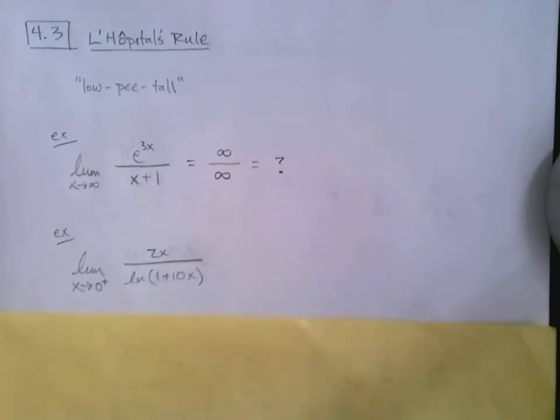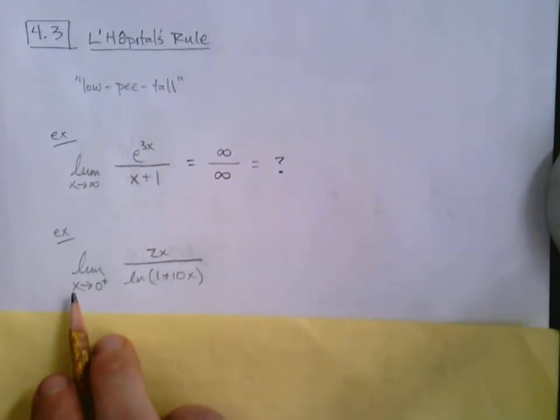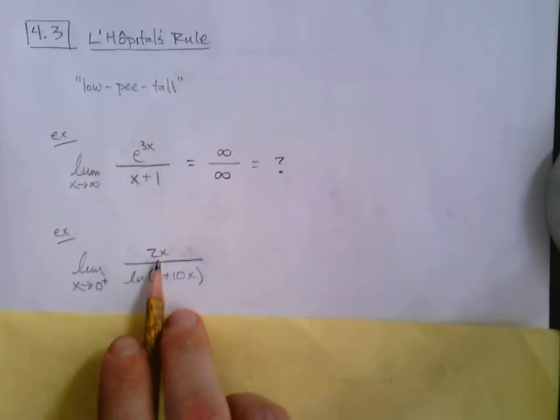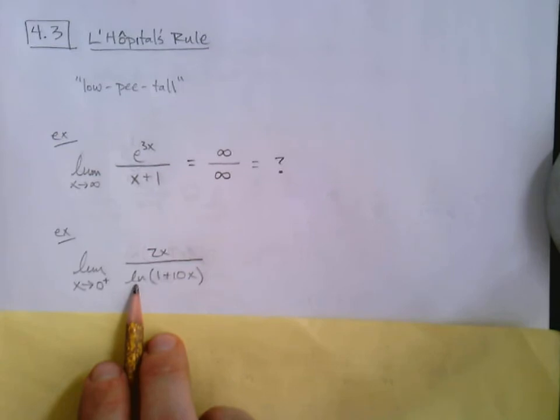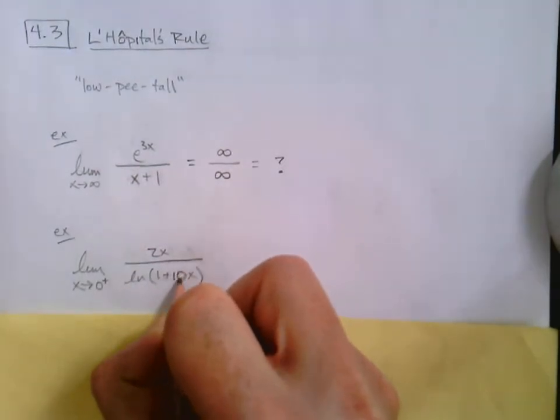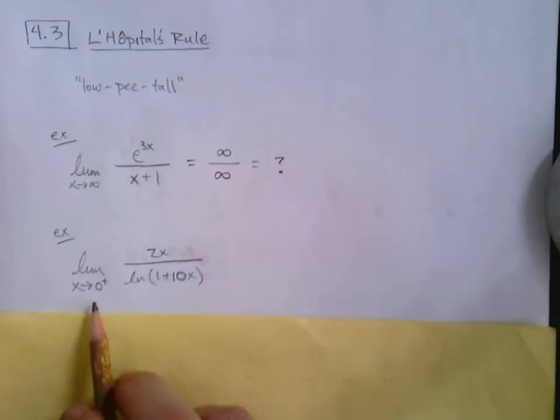Okay, and then my second example here, we've got a limit as x approaches 0 from the right. And we have 2x over the natural log of 1 plus 10x. So as we normally would, we're going to attempt to just plug in the 0. That would be nice, right?